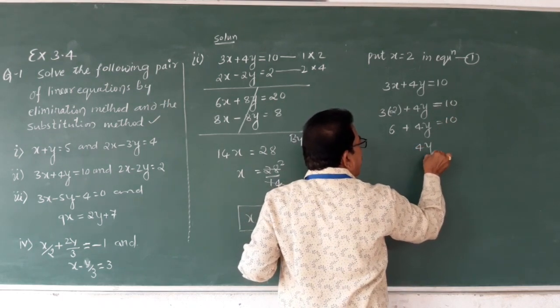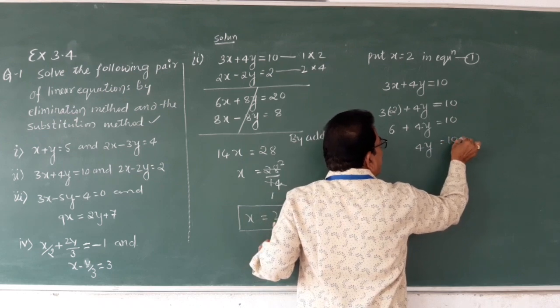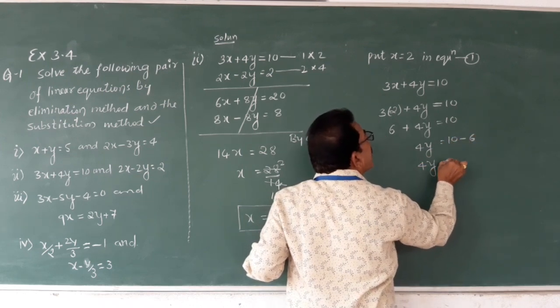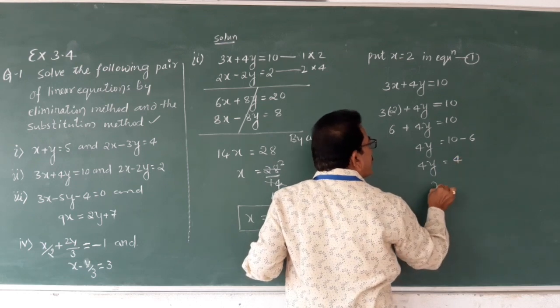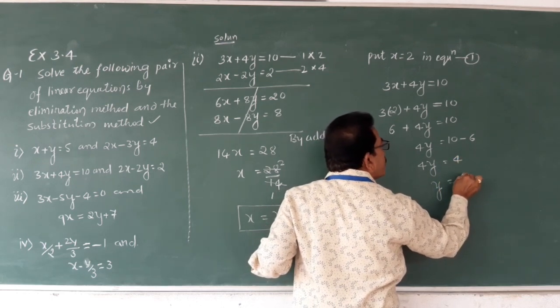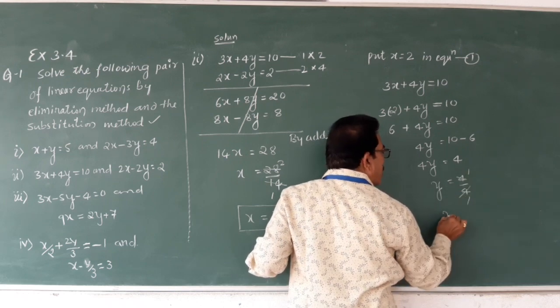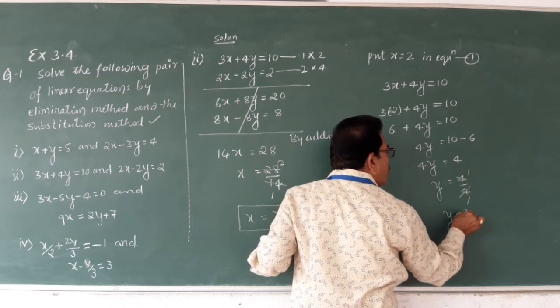Now 4y equals to 10 minus 6. 4y equals to 4. Therefore y equals to 4 by 4. 4 ones are 4, ones. Therefore y equals to 1.